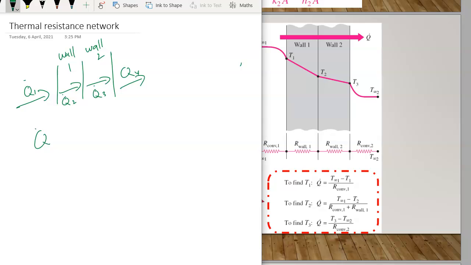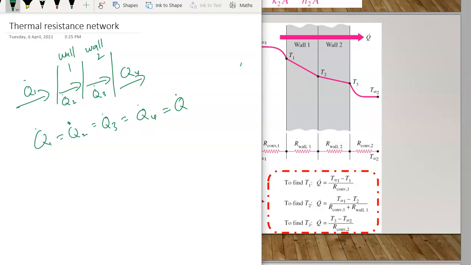So actually Q1 is equal to Q2 is equal to Q3 is equal to Q4. So everything is equal to Q dot. That's why it's been said that Q is constant.